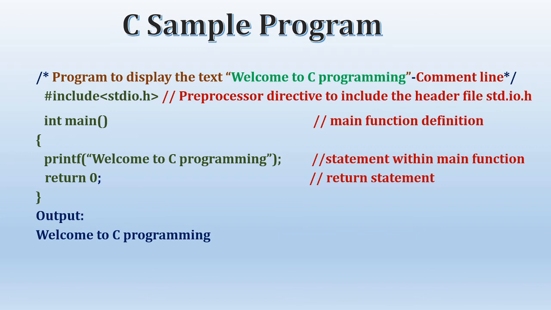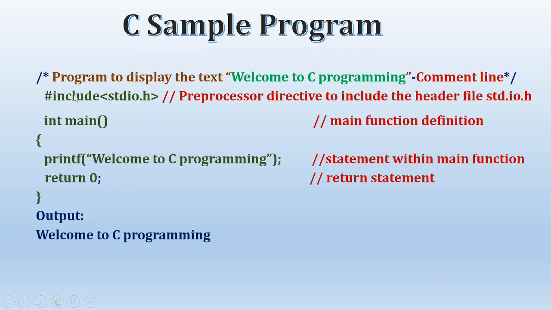The line "program to display the text welcome to C programming" is a comment line. As you can see, it is written between the pair of symbols slash asterisk and asterisk slash. These are used to write a comment in a C program, and that too a multi-line comment.